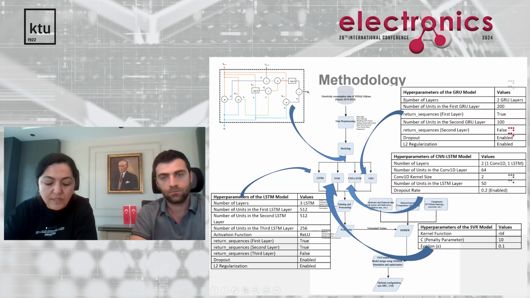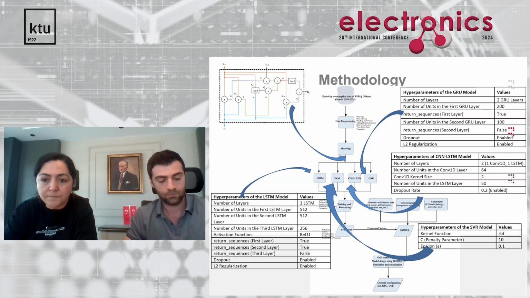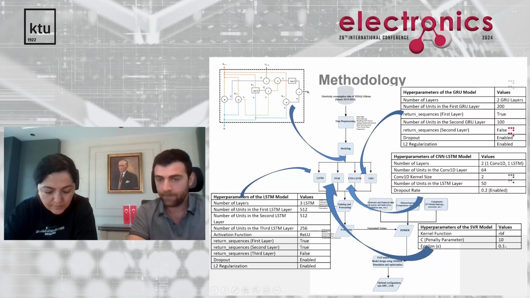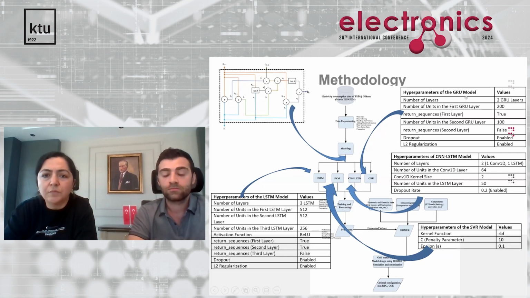In the SVM hyperparameter table, the RBF kernel function was preferred and the C parameter was set to 10, while the epsilon parameter is 0.1. And the hyperparameters of the GRU model table.